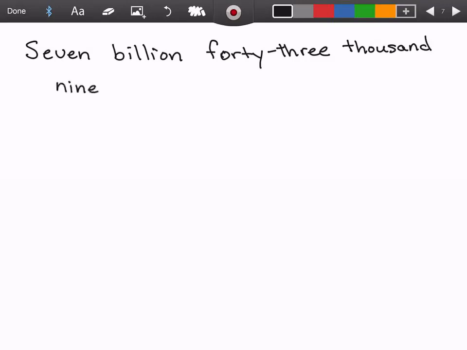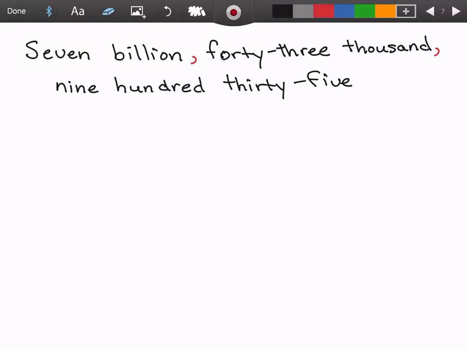Okay, so if we want to put this in number form, every time we have a place, we could put commas there, except for the hundreds. There's basically commas every thousand group. So every 3 digits, there's a place.